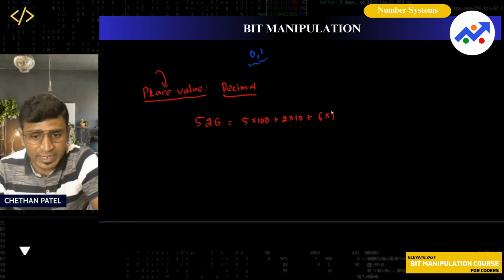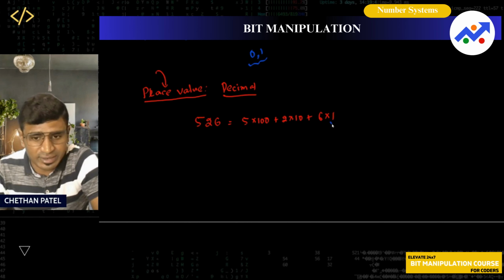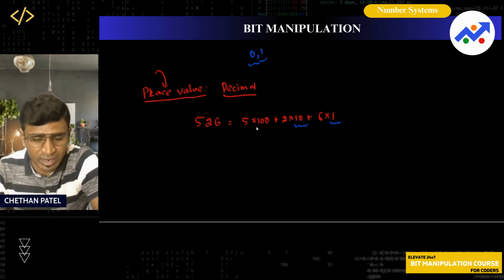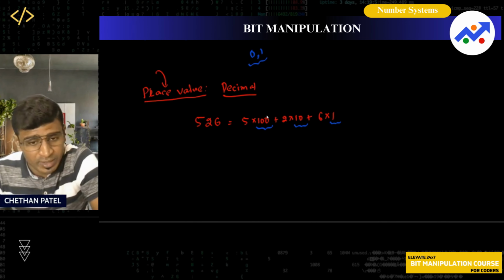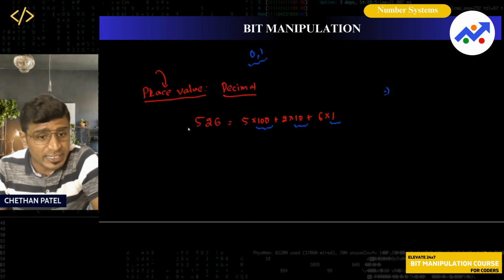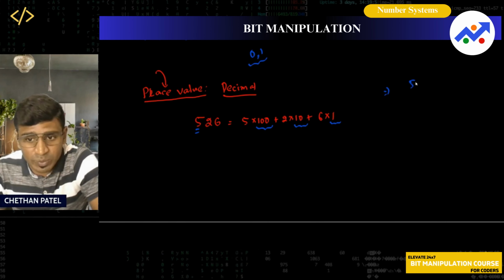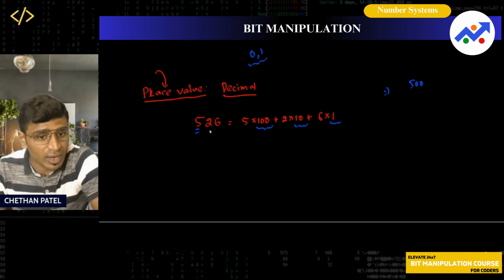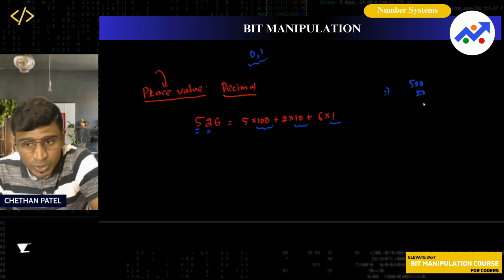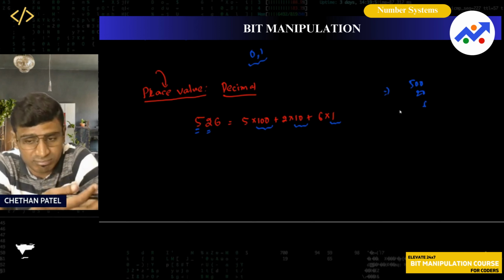What essentially it is telling is that this is in the unit place, this is in the tenth place, and this is in the hundredth place. Here the place value of this 5 is 500, the place value of this 2 is 20, and the place value of this 6 is 6.